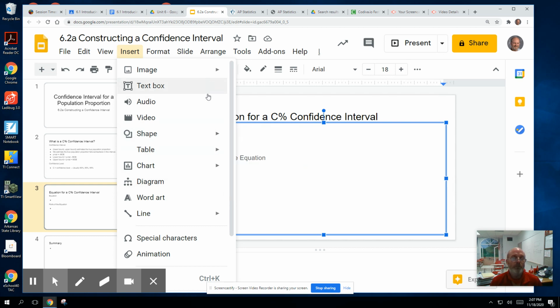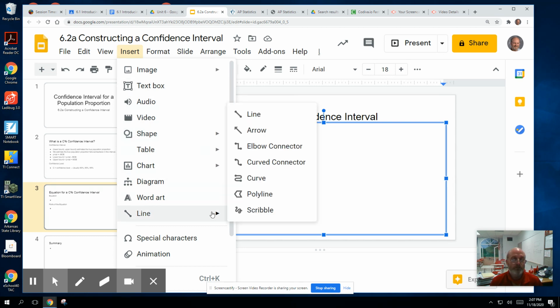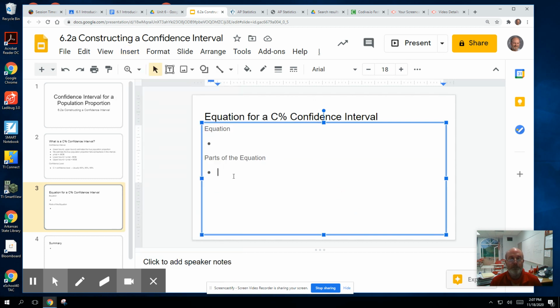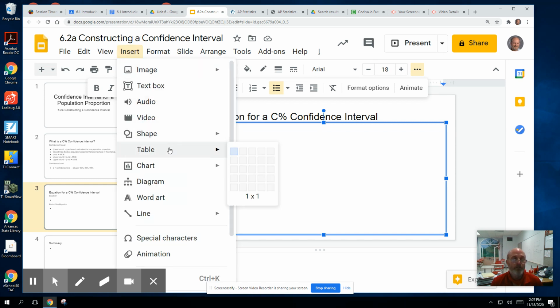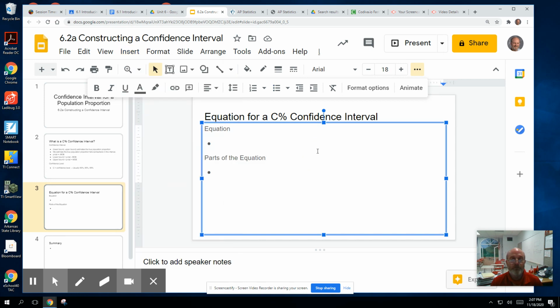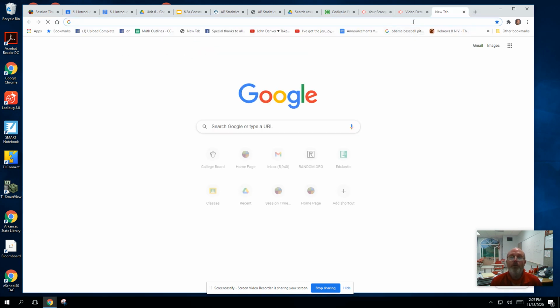We're not looking for a shape. Okay, so I'm going to do the best I can here. Let's see if we can draw, maybe. I swore we had a way to do an equation, but we sure do not seem to have one. Okay, let's go find one on Google real quick.